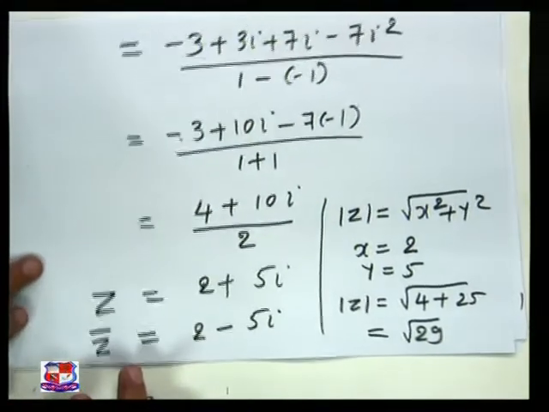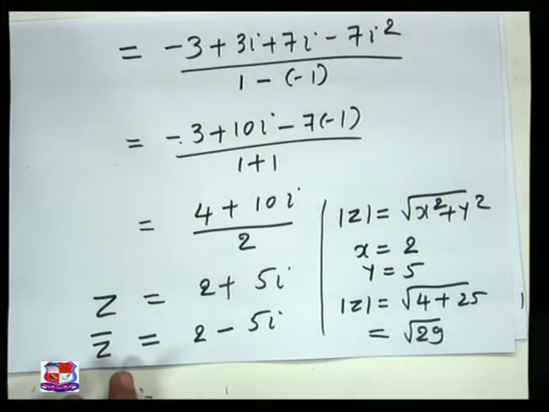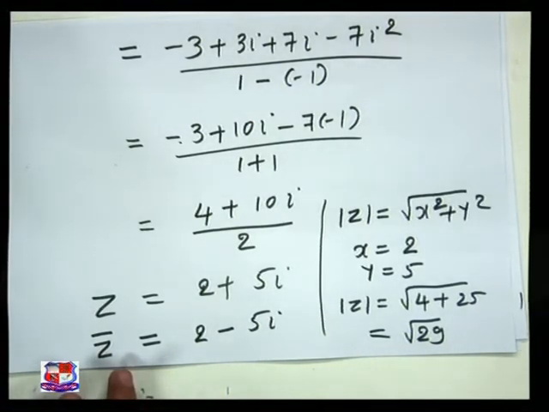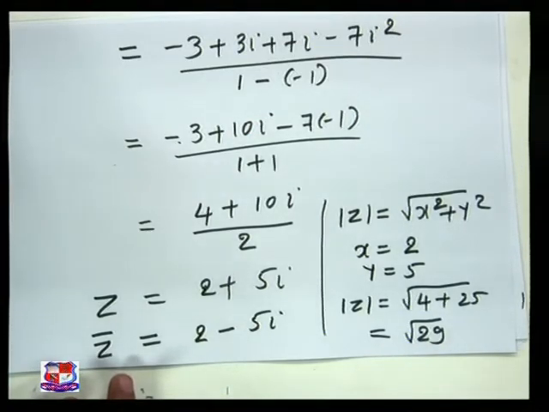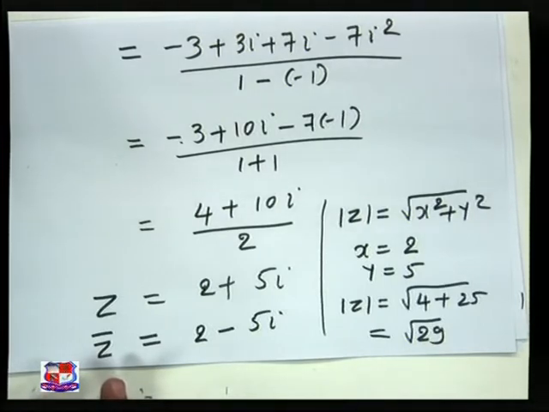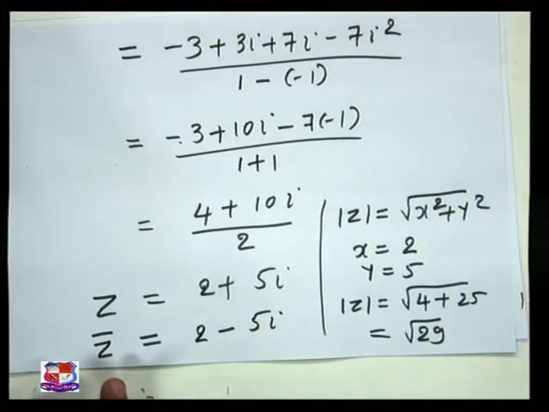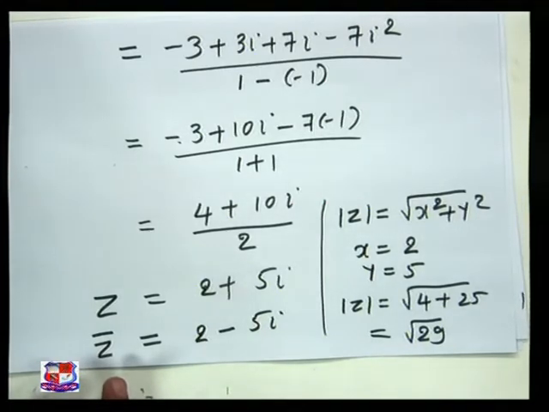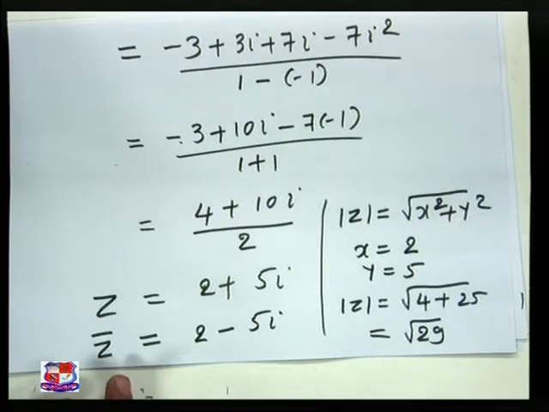So in this way we can find the conjugate of any complex number, and we can find the modulus of that particular number. Okay, so this is the idea of the conjugate complex number and the modulus of a complex number.